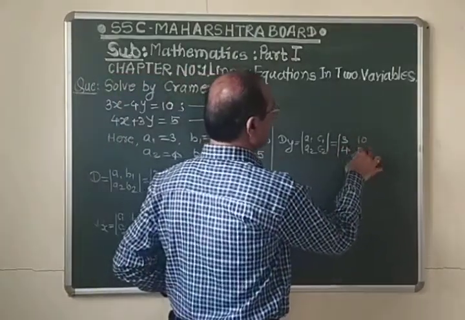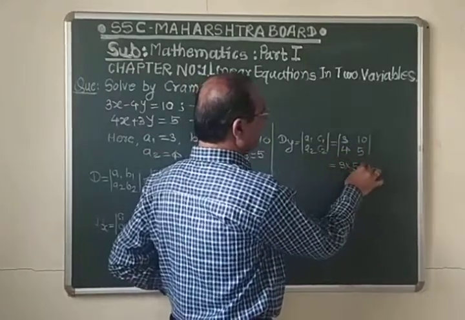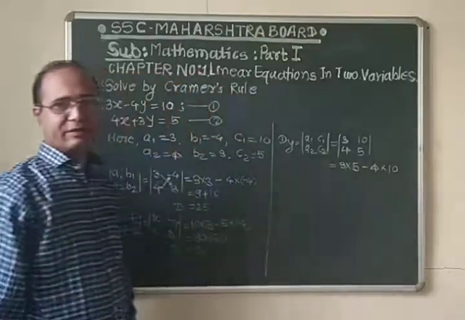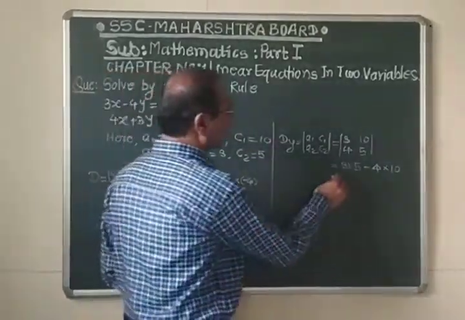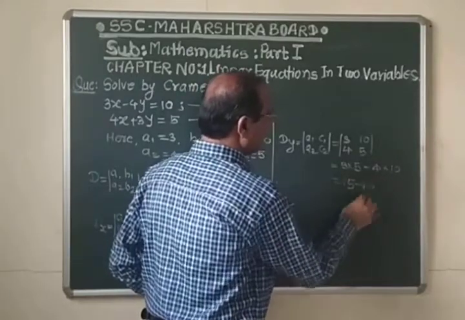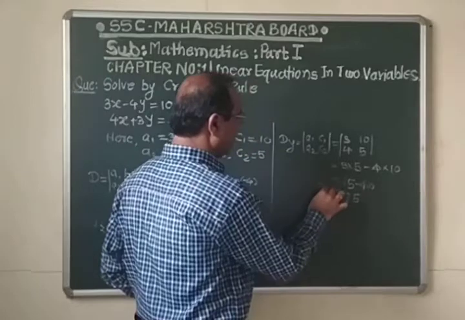Going on multiplying, 3 into 5 minus 4 into 10, that is 5 threes are 15 minus 40. That is, you get minus 25 as the value of Dy.